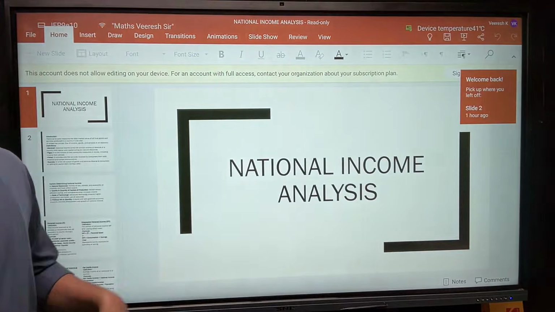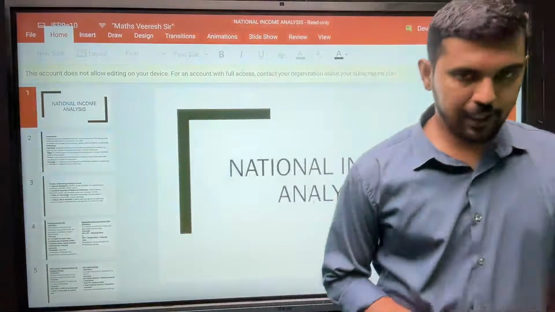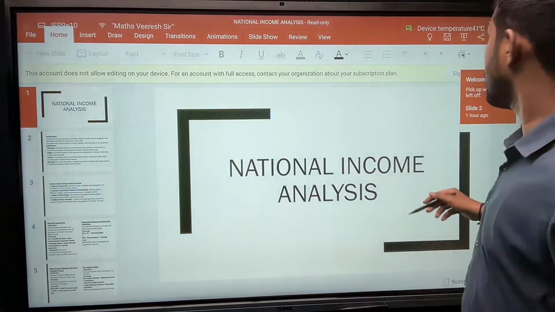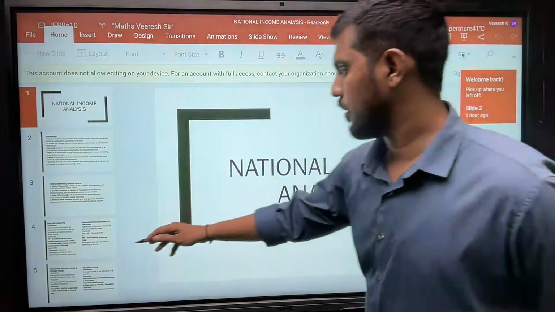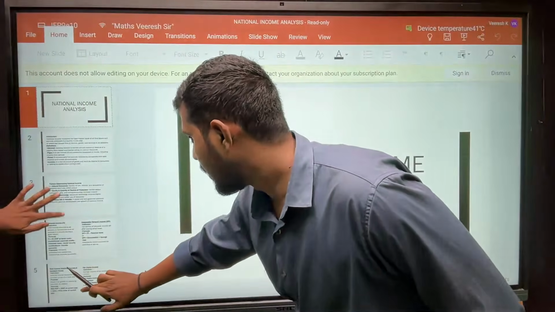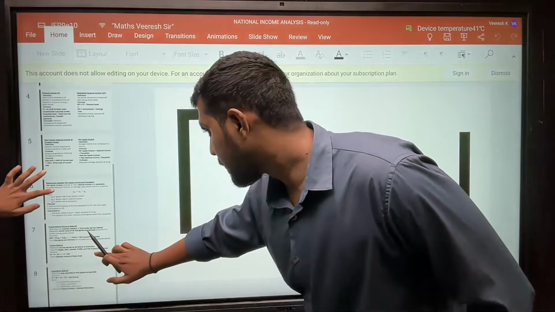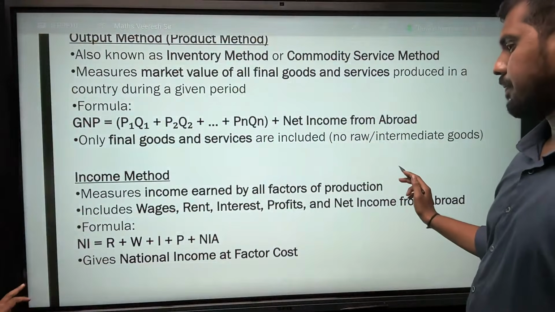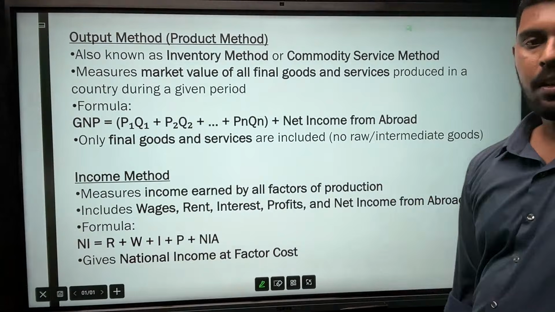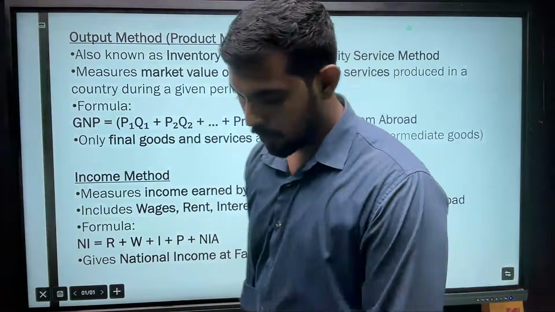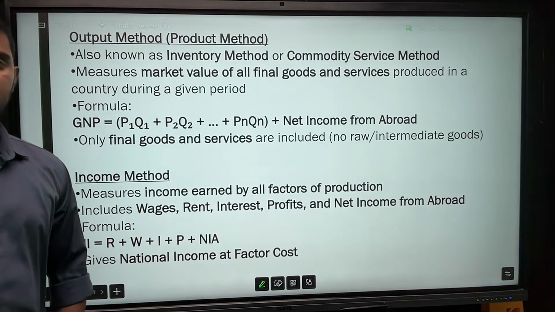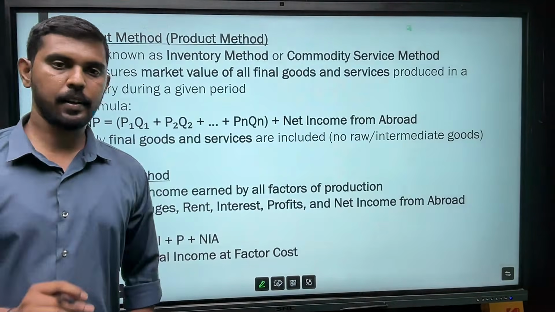So national income is another important topic for your board exam. It is a 10 marks important question: national income methods. First of all, in national income we will learn the definition.